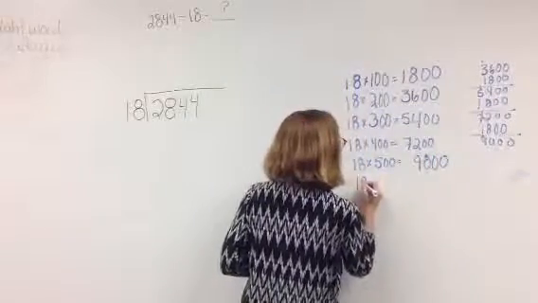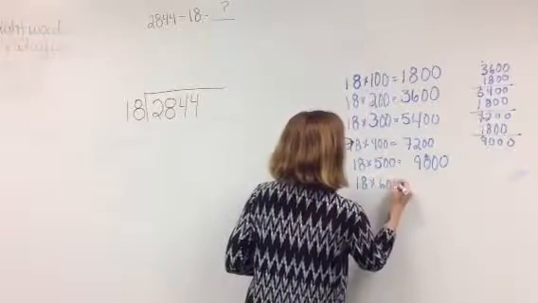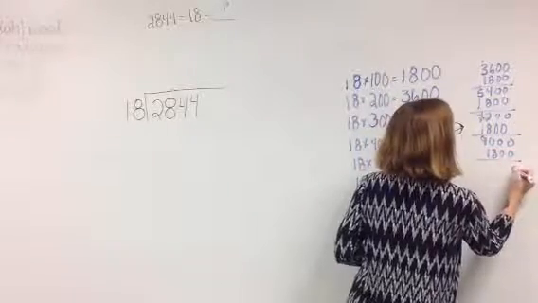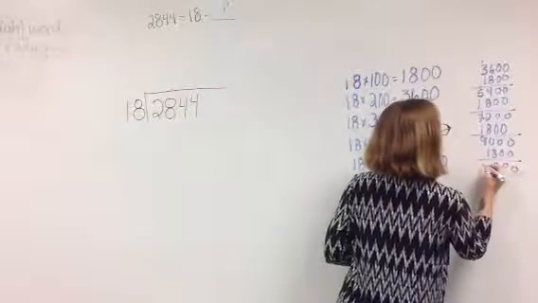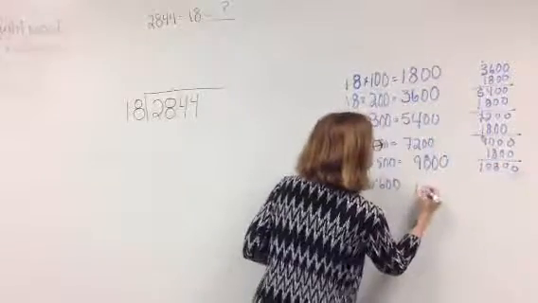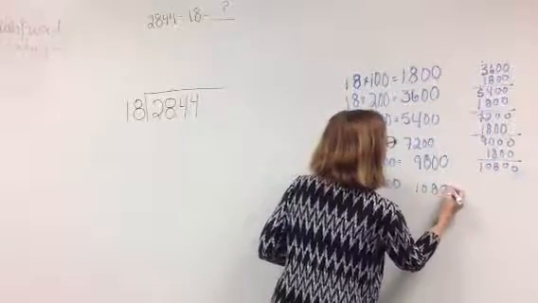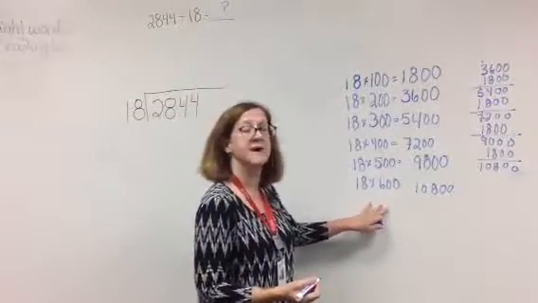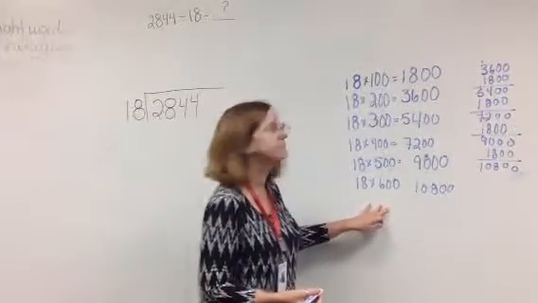We go 18 times 600. Add it together. I'm going to get 10,800. Now I'm going to stop here knowing that I may need to come back and keep going later.